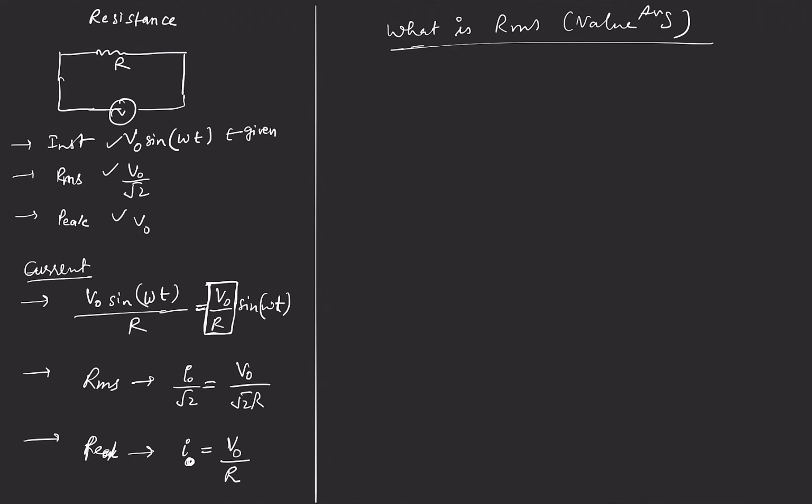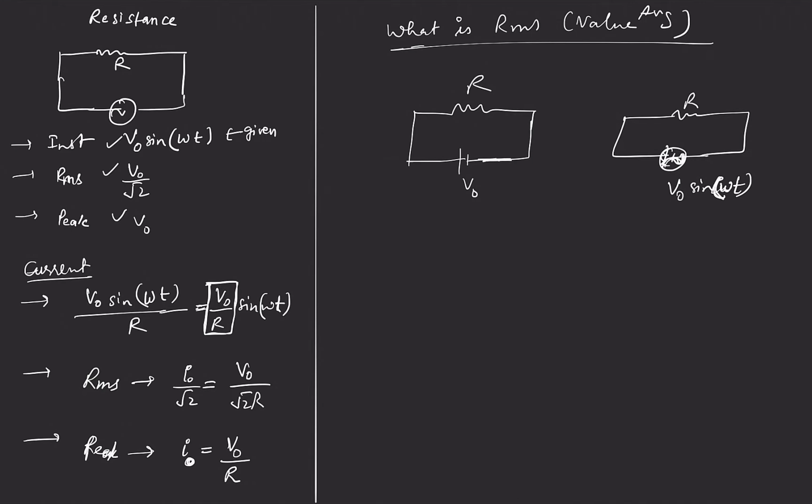RMS value means that, let's say there was a constant voltage source of V0 like this with the resistance R, and then we have an AC voltage source whose value keeps on changing with time as V0 sin omega t, with peak value V0 and resistance R.